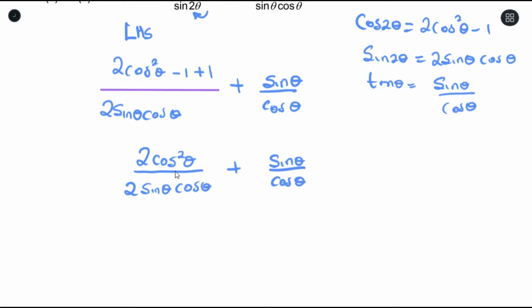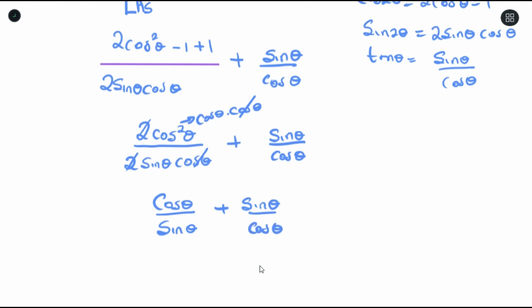Now since we have cos square theta here, which actually means cos theta times cos theta, one of these cos thetas can cancel out the cos theta in the denominator. And this 2 could also cancel out this 2. So you only have cos theta over sine theta plus sine theta over cos theta.